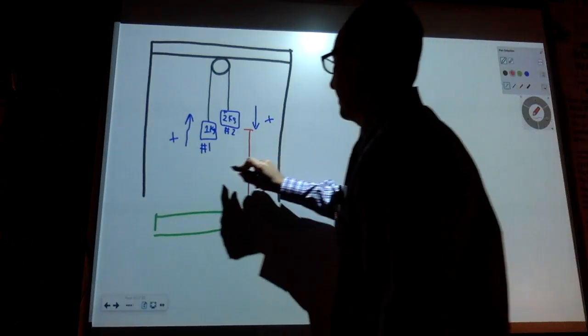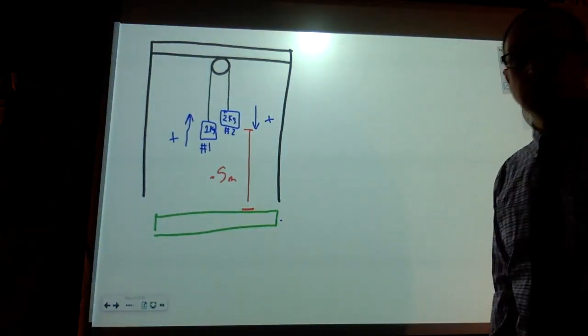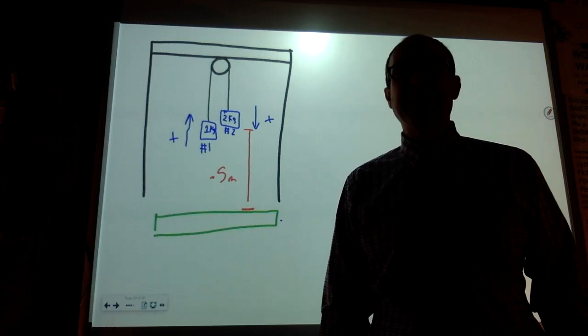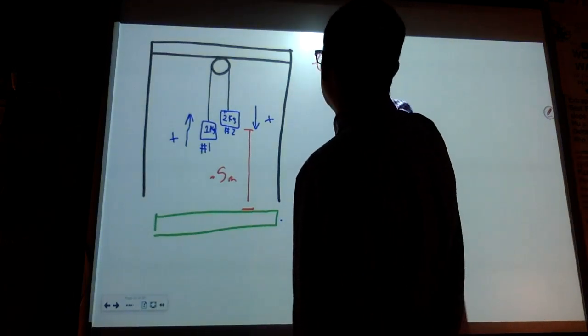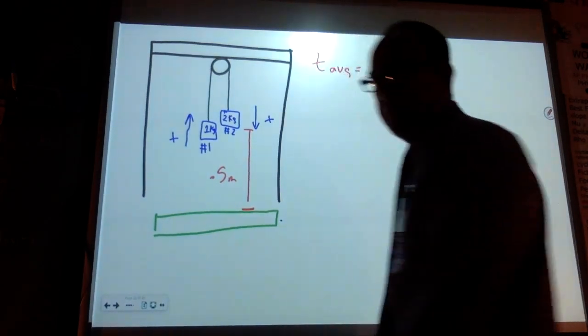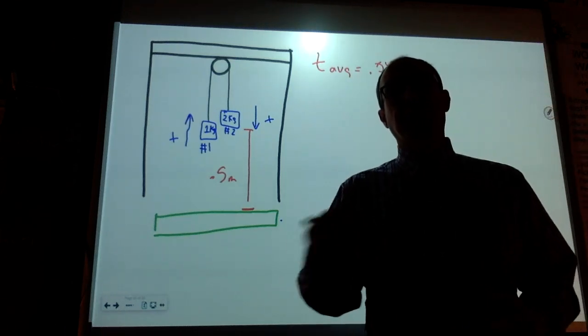And I'm going to say that this goes down 0.5 meters. I'm going to time it. You guys are going to do this 5 times in the lab. So let's say that we do it 5 times, and our average is 0.54 seconds. So you do it 5 times, you add those up, you divide by 5.